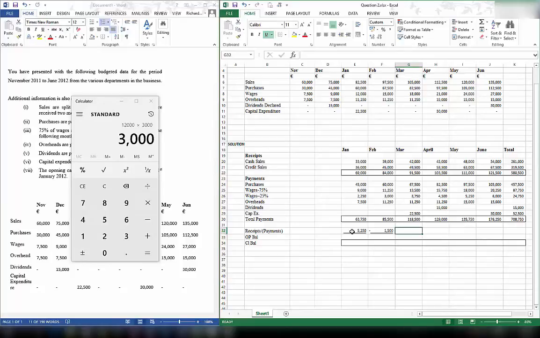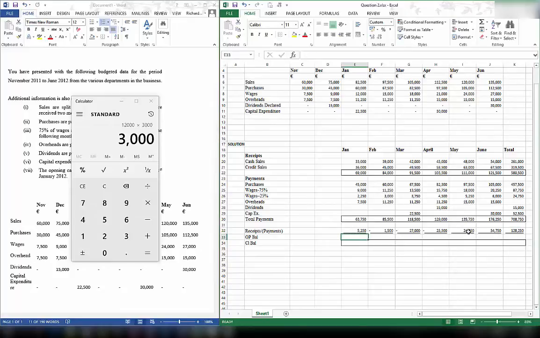In March, our 91,500 minus our 118,500 leaves us with a negative of 27,000. In April, we have a negative of 25,500. In May, we have a negative of 24,750. In June, we have a negative of 54,750, which gives us a total negative of 128,250.